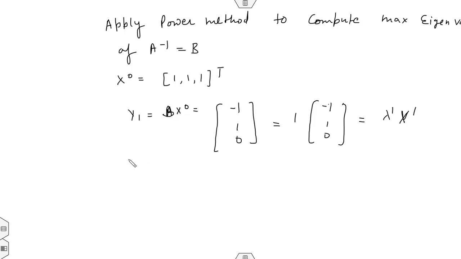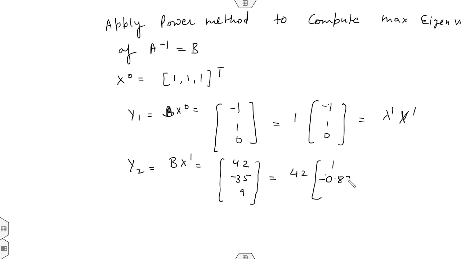Now we will compute y2. Y2 is Bx1, where x1 is the normalized vector. Bx1 comes out to be 42, -35, 9. Out of these entries in y2, the maximum value is 42, so we get 42 times 1, -0.8333, 0.2143.